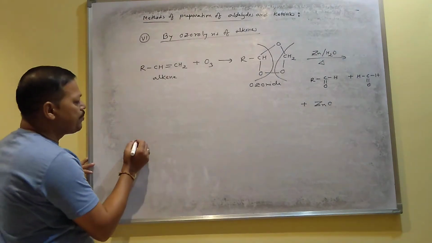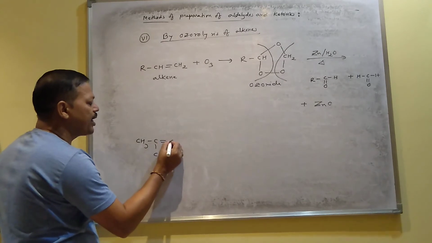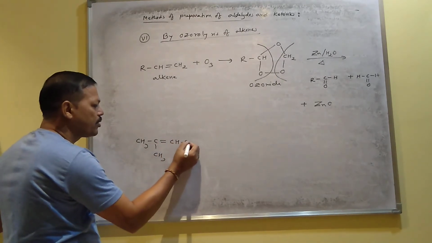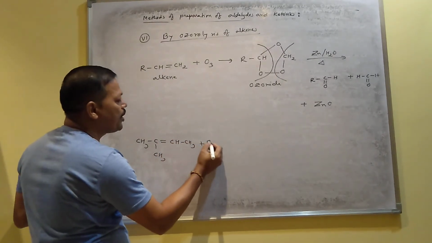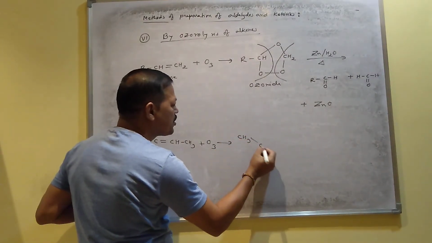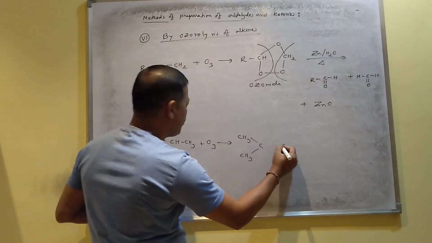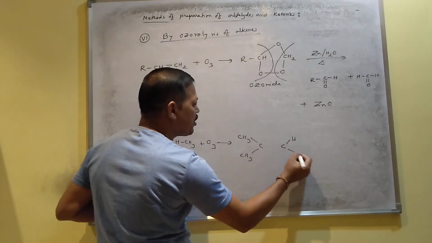If I take one example, suppose this is your alkene. When you apply ozone, with the same mechanism, this carbon contains 2 CH3, the double bond, and this carbon contains 1 hydrogen and 1 CH3.